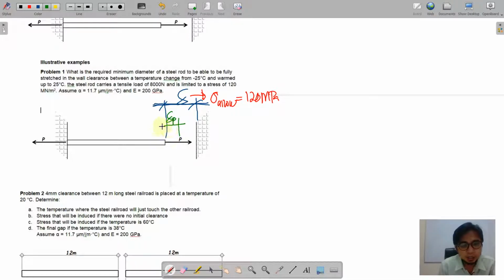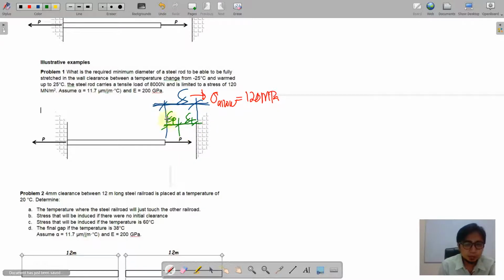Aside from this tensile load, there is a significant change in temperature, from negative 25 degrees, which is like a freezing temperature, to positive 25 degrees Celsius. So there will also be a corresponding deformation due to temperature.